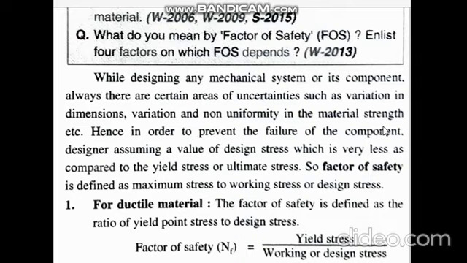Suppose you are going to Nasik for some work, and you have booked the ticket. You have taken the ticket with you, and also you have some extra money with you.